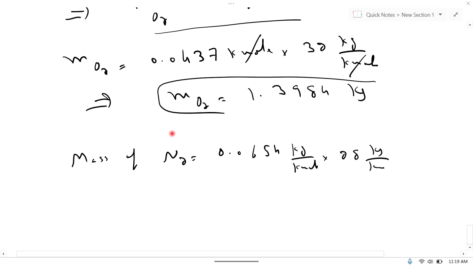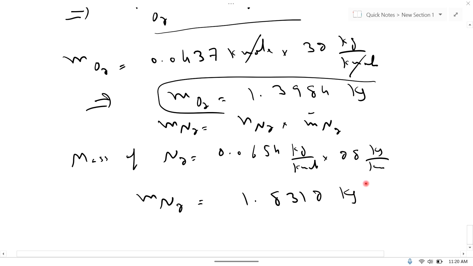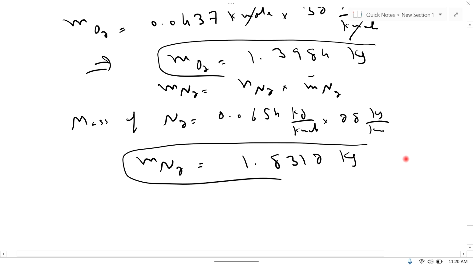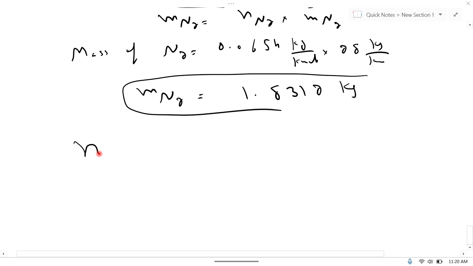This is basically the formula: mass of nitrogen is equal to number of mole of nitrogen multiplied by molar mass of nitrogen. So mass of nitrogen is equal to 1.8312 kilogram.